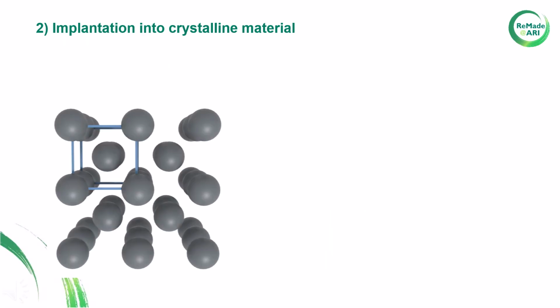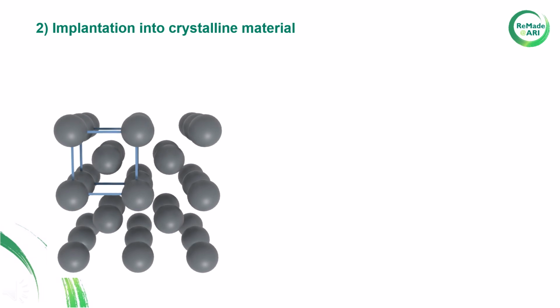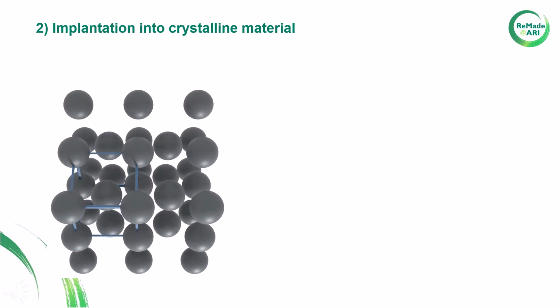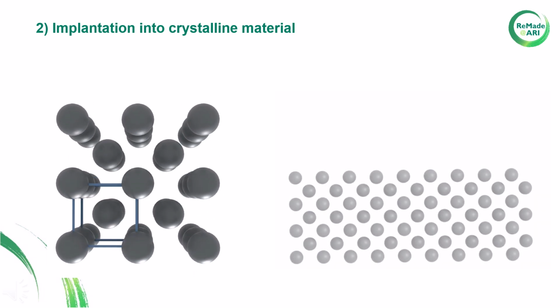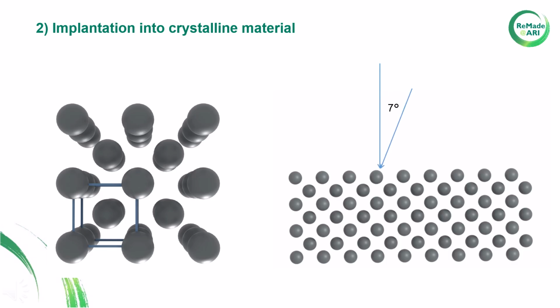When implantation is performed along major crystallographic axes, ions can enter channels, leading to uncontrolled penetration into the structure. Therefore, implantation is generally carried out at an angle to suppress channeling effects.